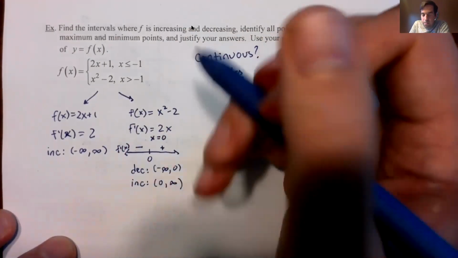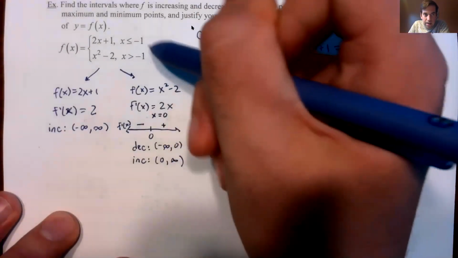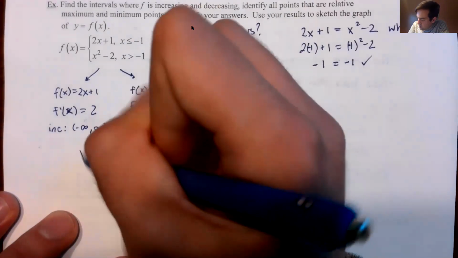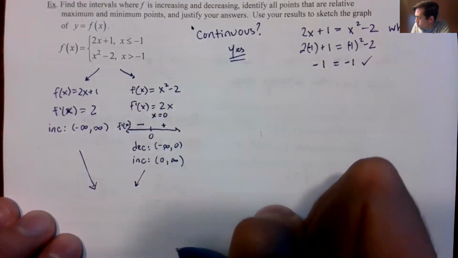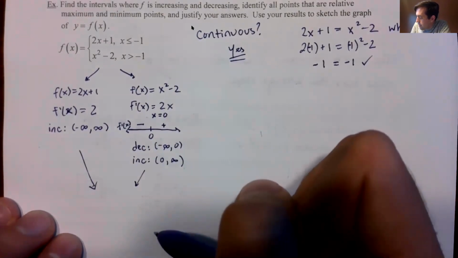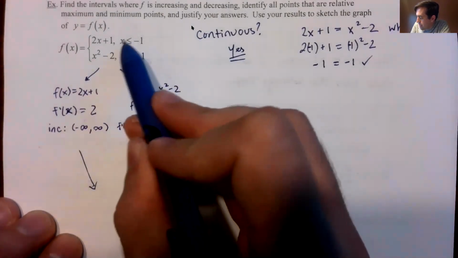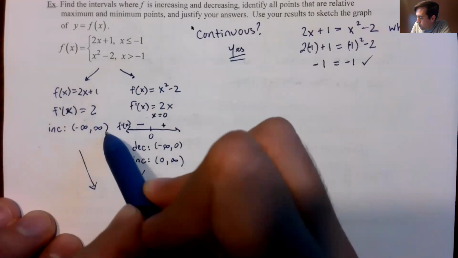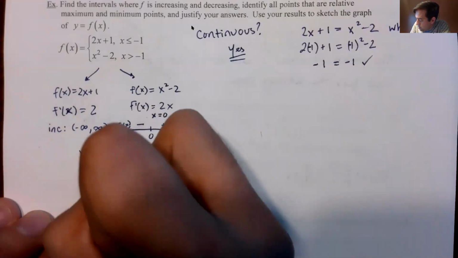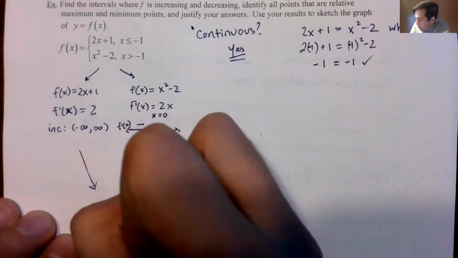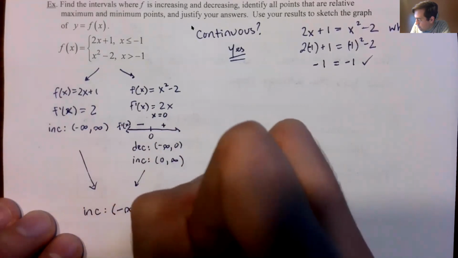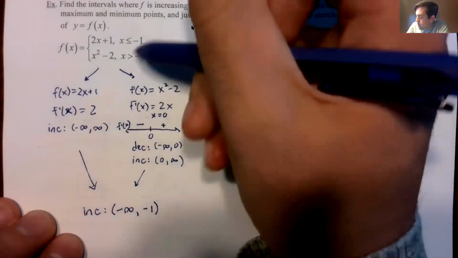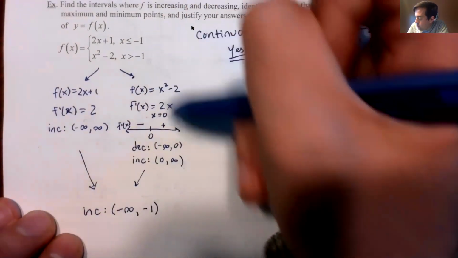So now we want to combine these again, taking into account this part over here. So the function as a whole is, when x is less than or equal to -1, we have this going on. So we know we're increasing from negative infinity to -1. Then when x is greater than -1, we have this part.